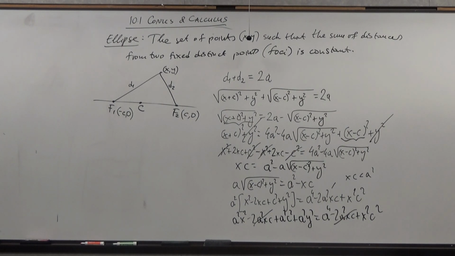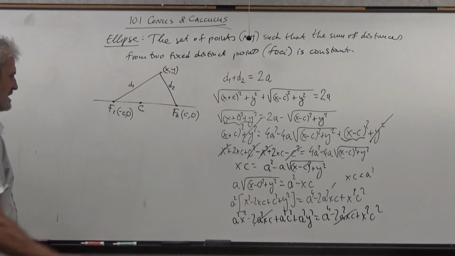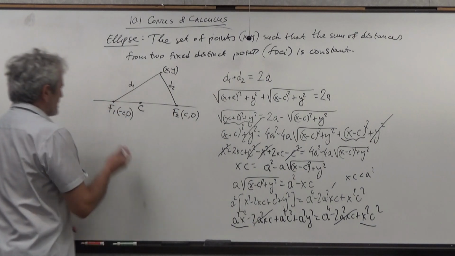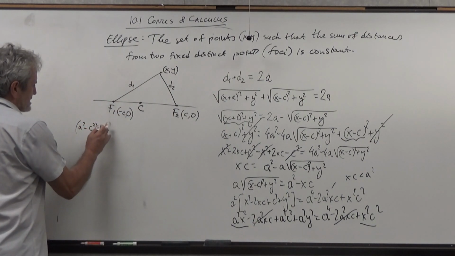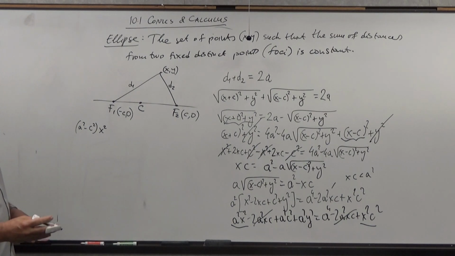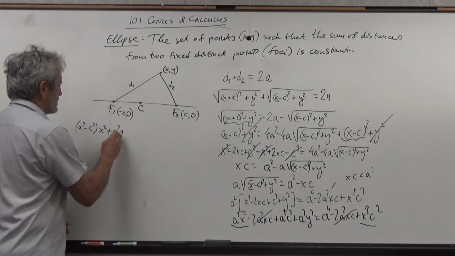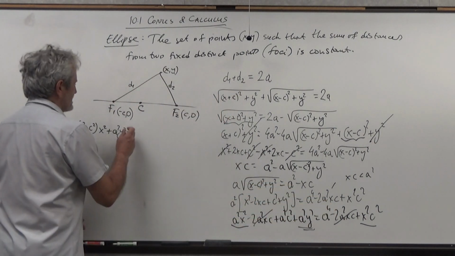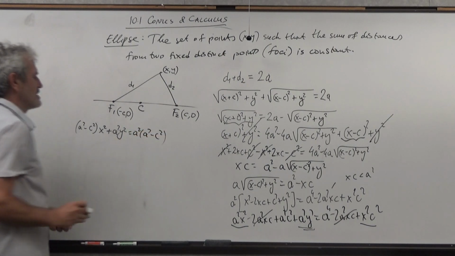It still looks bad, but here's what we do. We get x squared on the left side. Those two are combined and we factor out, so we get (a squared minus c squared) x squared plus a squared y squared. This guy goes on the right, so we get a squared times (a squared minus c squared).